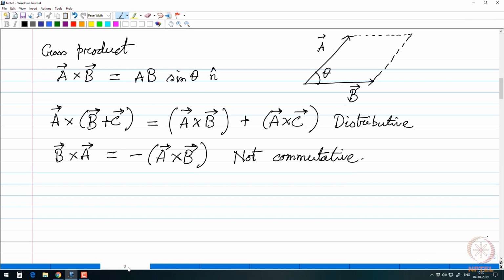Okay. So, now let us consider Cartesian components in vector algebra. In a Cartesian coordinate system, an arbitrary vector can be expanded in terms of basis vectors. Let us look at it pictorially.